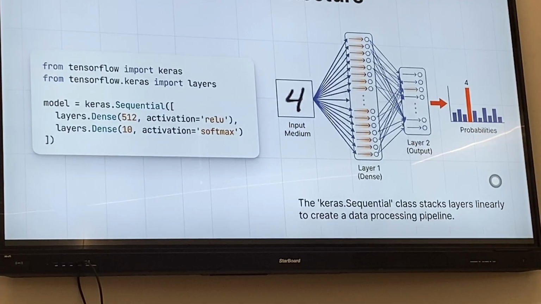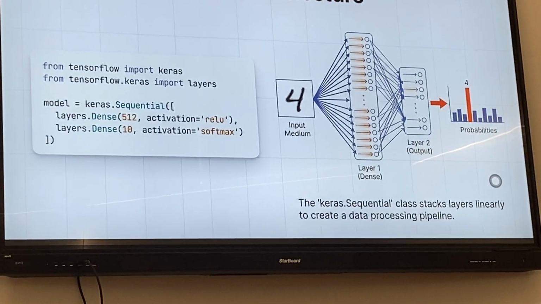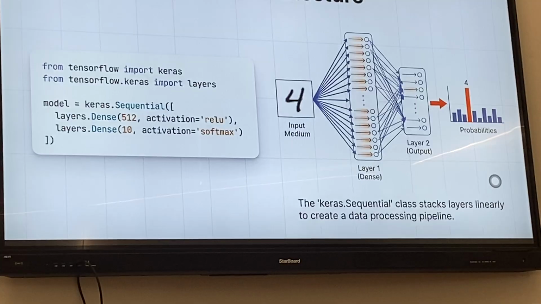Now, is TensorFlow the only thing that exists? No. We are using TensorFlow for educational purposes, but there are also other tools available that contain all of those functions and libraries. PyTorch, for instance, is very good when you are working with LLMs.